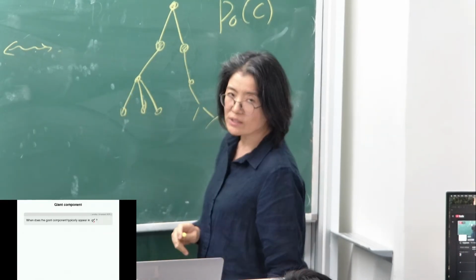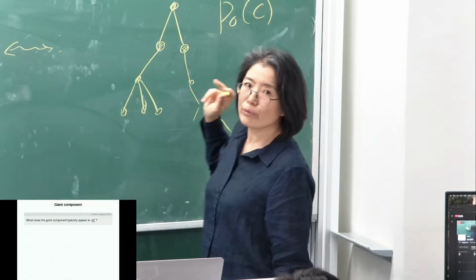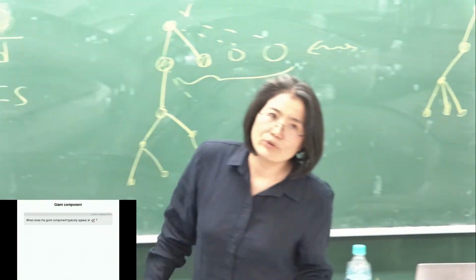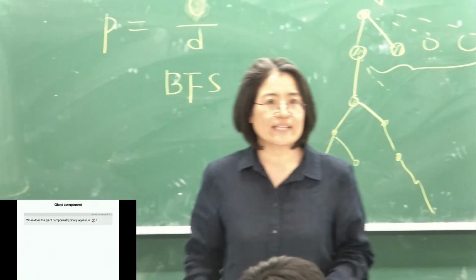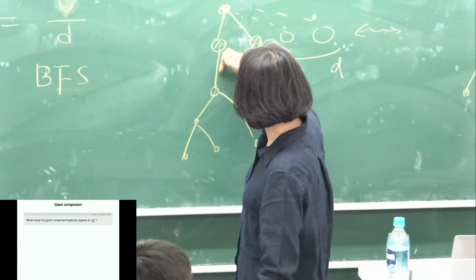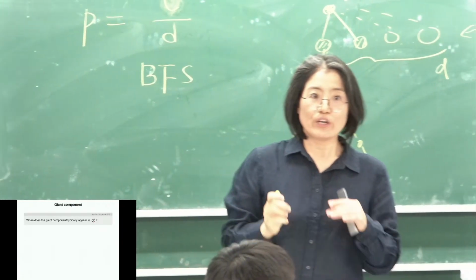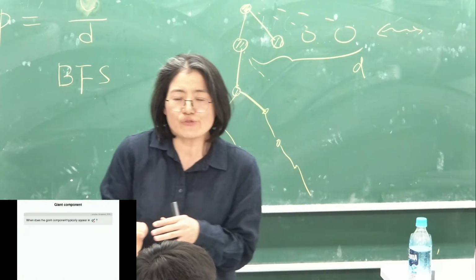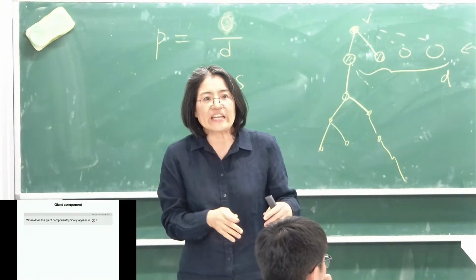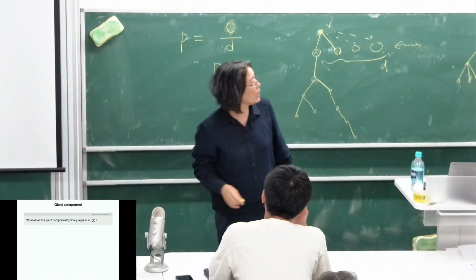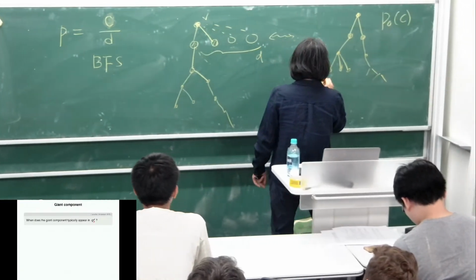From branching process theory, if the expected number of children of a given vertex is larger than 1, it continues forever with positive probability. If c, the expected number of children, is smaller than 1, then it dies out. This is very well-known theory of branching processes.